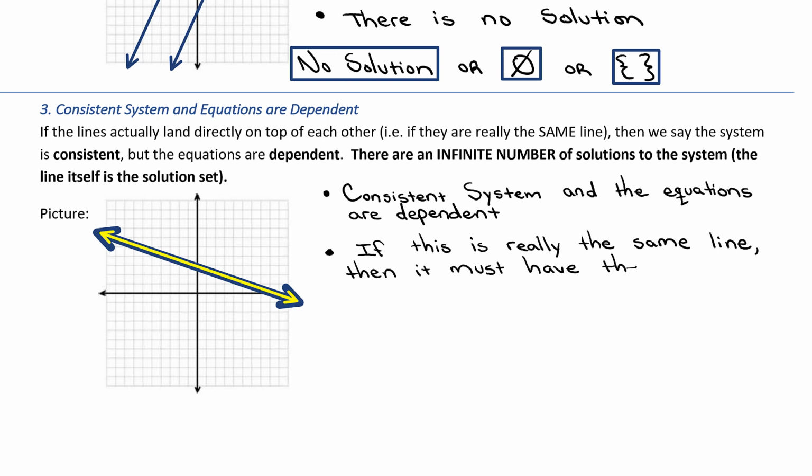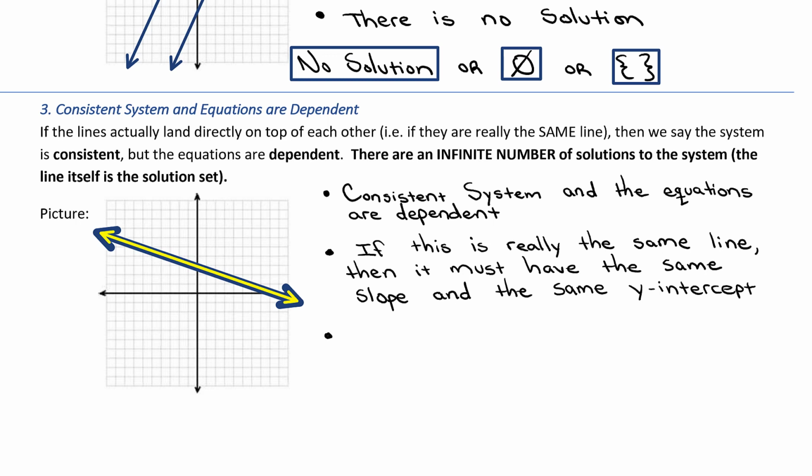So that's what it means. So if this is really the same line, then it must have the same slope and the same y-intercept.